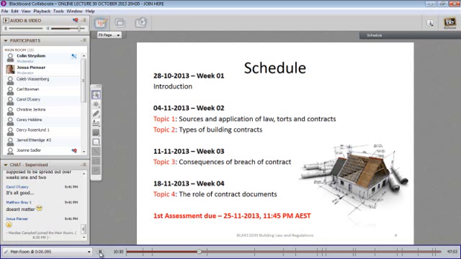The one is the consequences that were the cause of the owner or the proprietor, which usually is either late payments, that the owner or proprietor is late in committing to its payments, or not giving enough information, or for instance not giving access to the specific site. So the owner not giving access to a site could delay the builder, and that could be a consequence of a breach of contract.